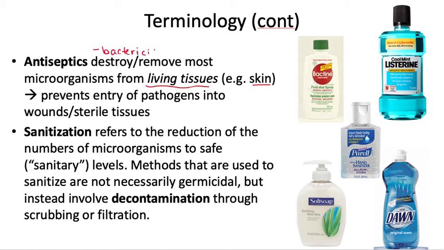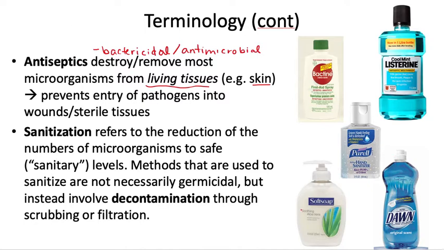So they usually have something in it that is an active ingredient, something that's antimicrobial, right? So regular hand soap isn't an antiseptic. Something like salt water wouldn't be an antiseptic because those things are not bactericidal. So antiseptics have chemicals in them that are bactericidal and they're used on living tissues. So it's similar to a disinfectant, but it is different because we're using it on living tissues.